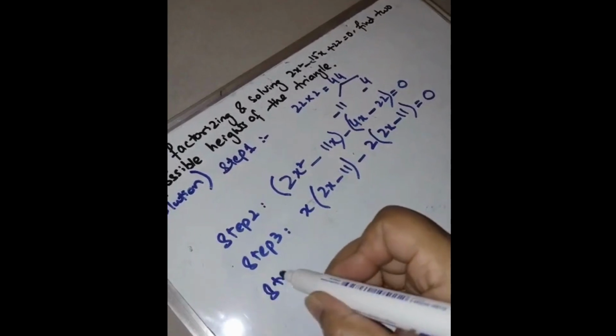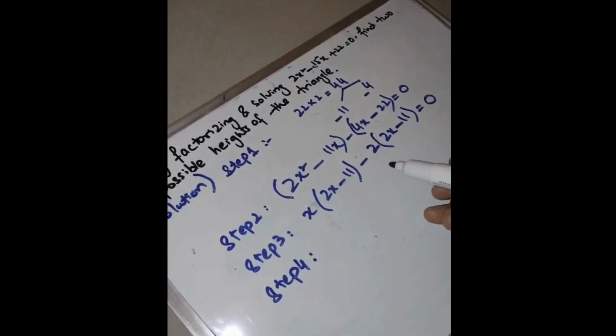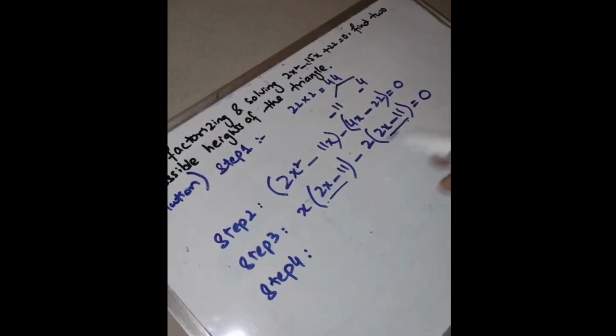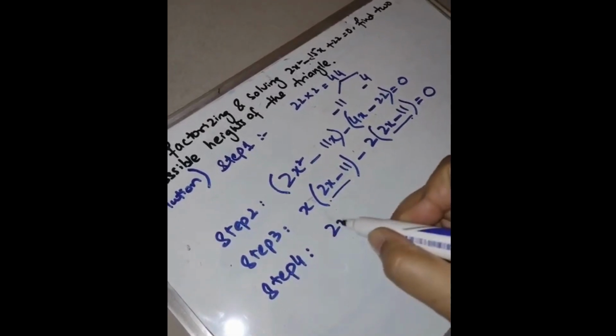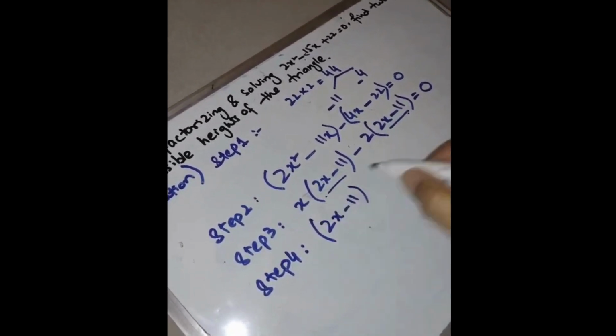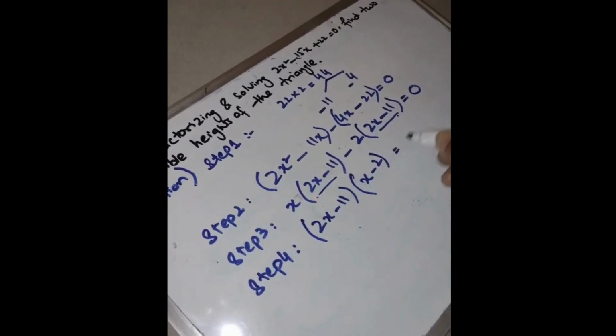So this is now step 4. Now I'm going to take this 2x minus 11 common, since it is common in both, so I'm taking it out of the bracket, and inside the bracket x minus 2 will be left.